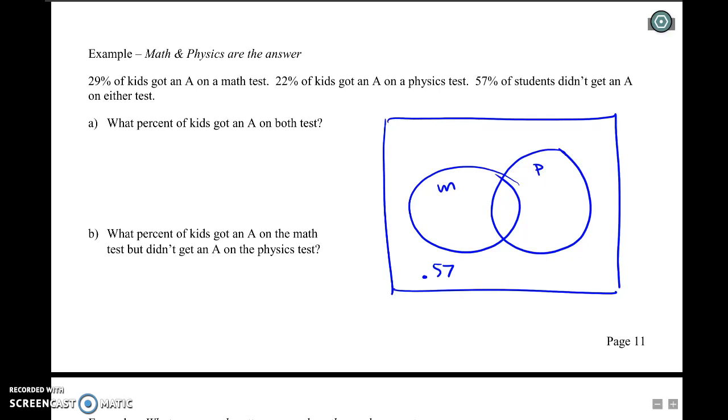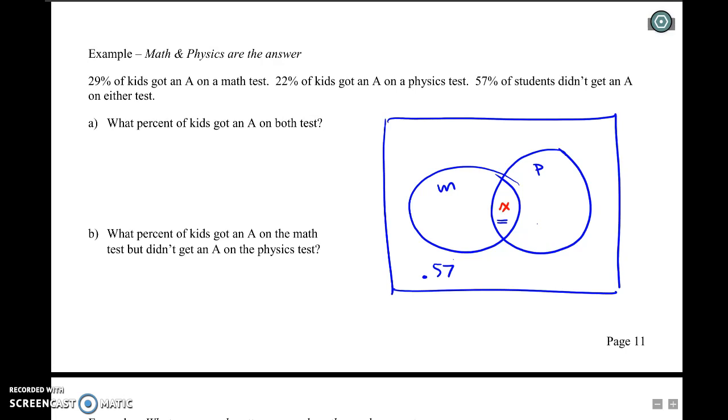If I knew this, I can figure out this. And if I know this, I can figure out this. And all four of these things added together have to equal 1. It's really this piece here that is holding me back. So let's put a variable x in that spot because that's what I don't know.